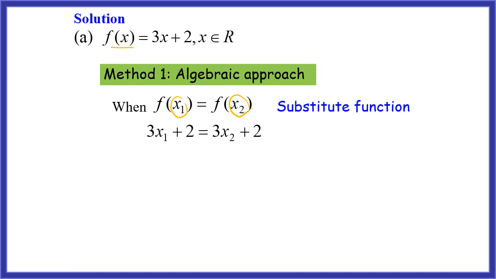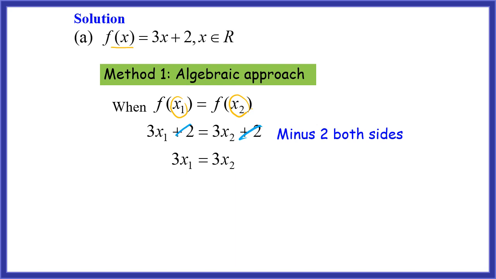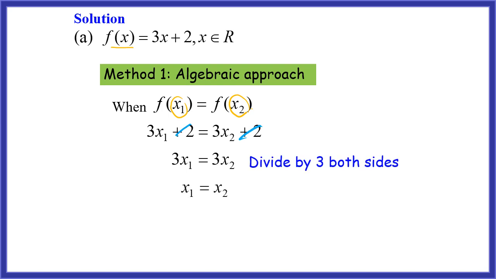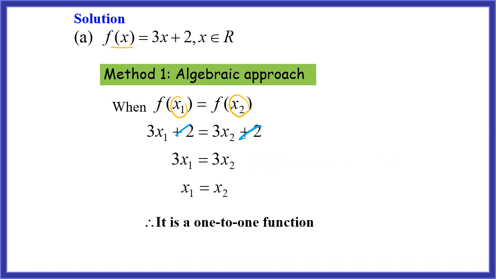To get x1 equal to what, we have to eliminate other things. We can eliminate the 2, so both sides are subtracted by 2. So we are left with 3x1 equal to 3x2. And then to get x1 only, we eliminate 3 by dividing by 3 on both sides. So we will have x1 equal to x2. So it means that f(x1) equal to f(x2) gives you x1 equal to x2, meaning it has only one object for every image. So it is a one-to-one function.